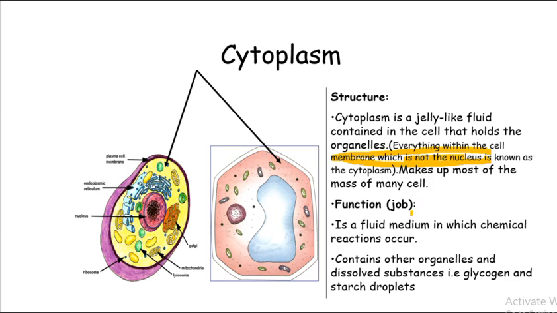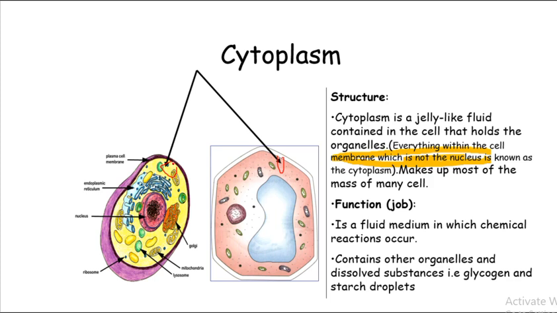And this cytoplasm makes up most of the mass of many cells. So basically, this jelly-like fluid you're seeing on this arrow is what we call the cytoplasm.